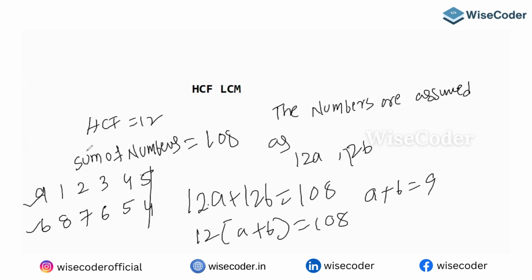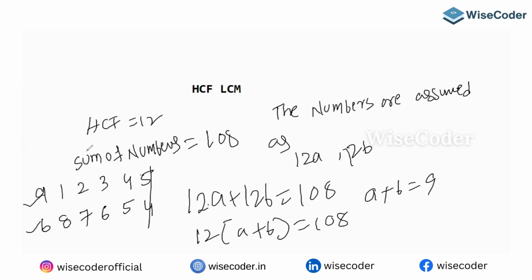Guys, you need to understand here that thinking there are 4 such pairs is wrong. Why are 4 such pairs wrong?